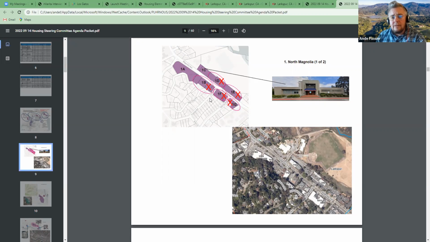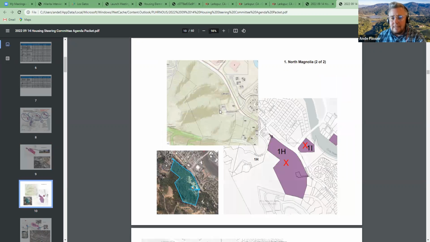We sent out letters to all of these property owners. And so if it's a combination of a small site and we didn't hear back, or if it's a site that was relatively recently developed, then we thought, let's prioritize those sites that we know have a stronger fighting chance of getting developed over time. 1H here is a site where we heard from the property owner. They do not have an interest in developing.